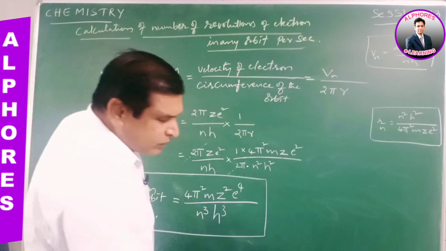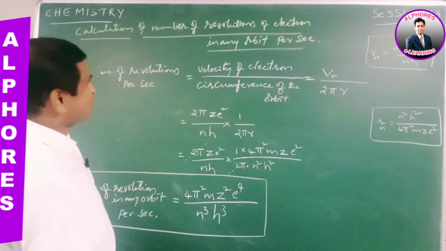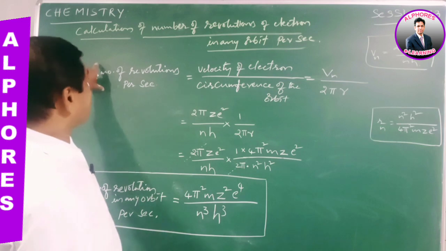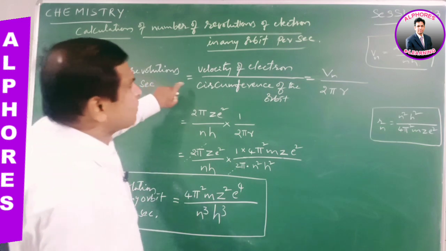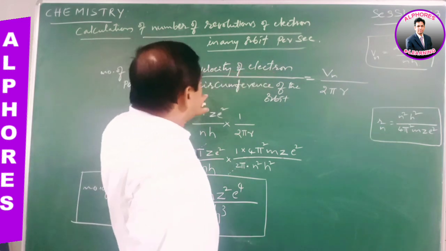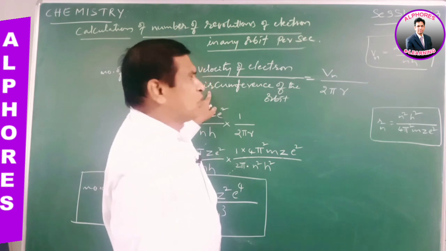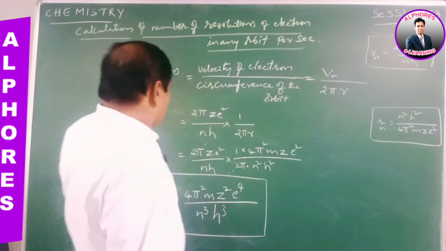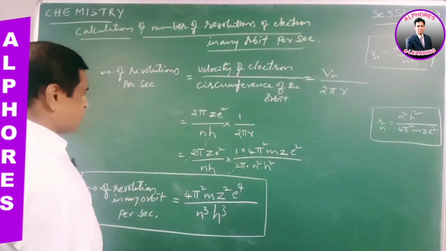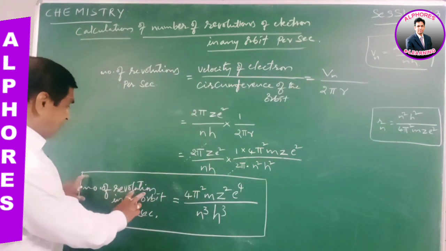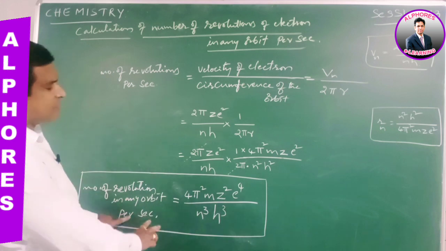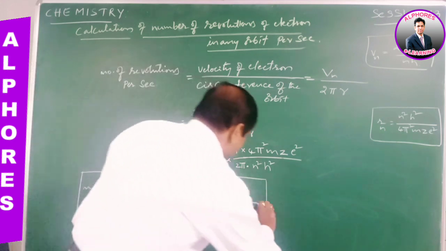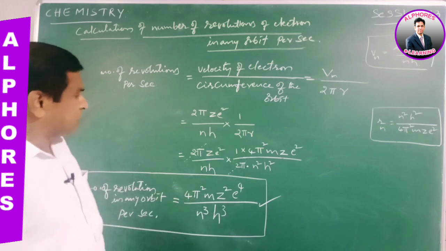That is the velocity of the electron divided by the circumference of the given orbit, Vn by 2πr. Substituting all the values, we can find the number of revolutions in any orbit per second like this. We have beautiful numericals on these concepts.